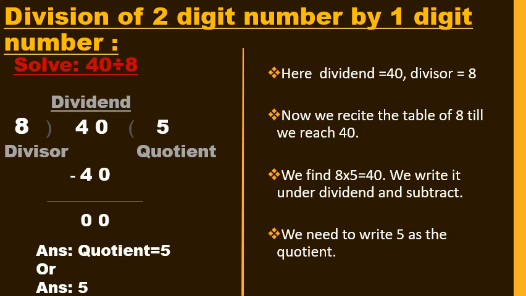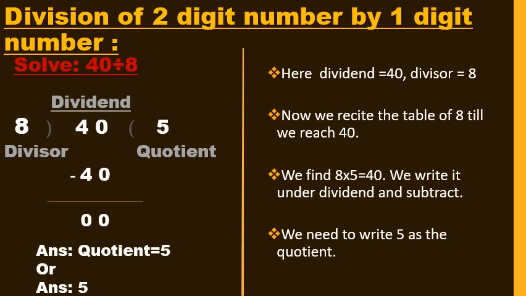here we can see that 40 is the dividend. And what is the dividend, girls? The number divided is called the dividend. So here 40 is the dividend. Okay, clear?